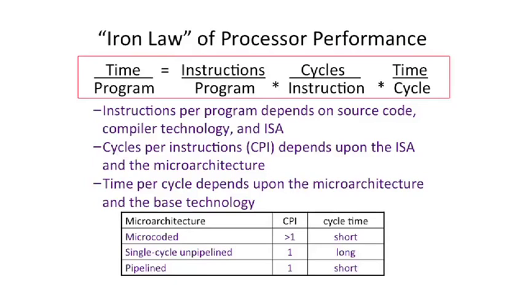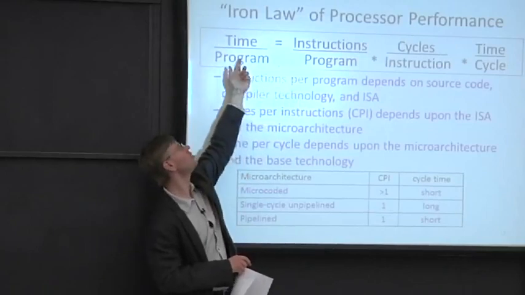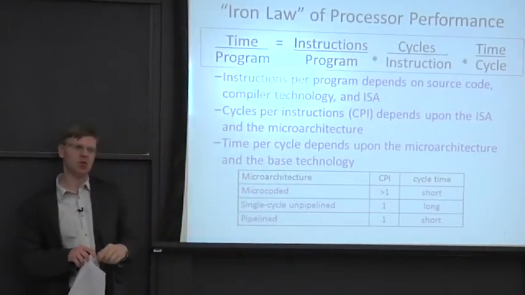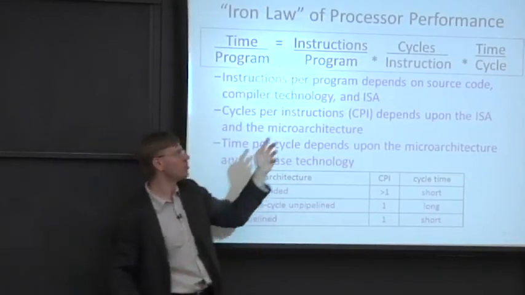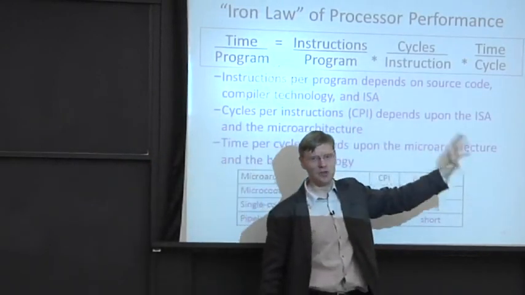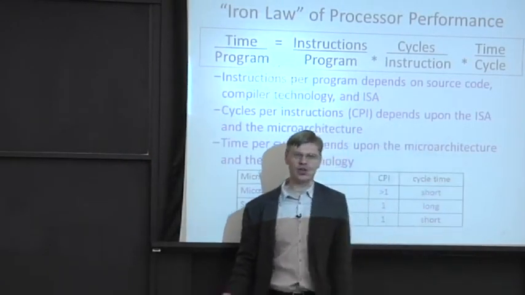So as you can see, it's multiplicative. So if you can actually make any of these numbers smaller, the time for the program will go down, which is a good thing. So if you can make any of these numbers smaller, when it multiplies out, you can make the time of the program smaller. And what you also note here is they're all equally weighted. So if you change any of them, that's a good thing.